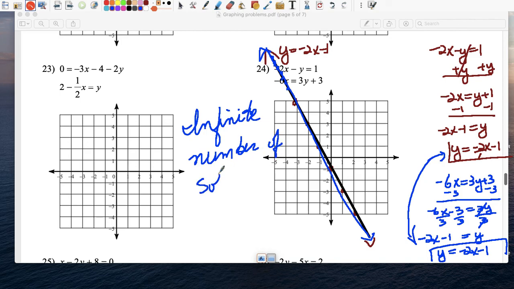It's not just one point where they intersect. Any point that satisfies that line also satisfies the other line. And because there's an infinite number of points on each line, there's an infinite number of solutions. Okay.